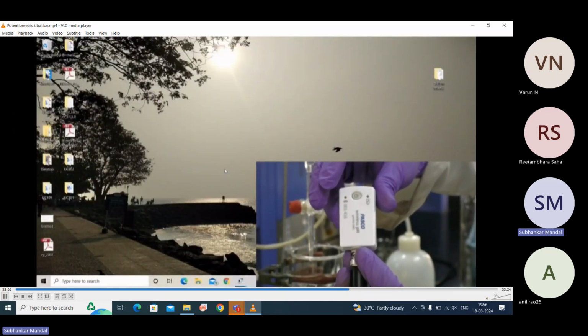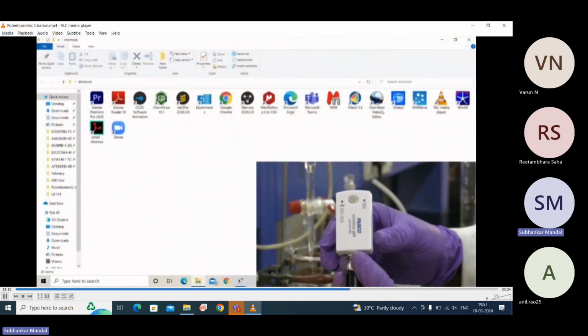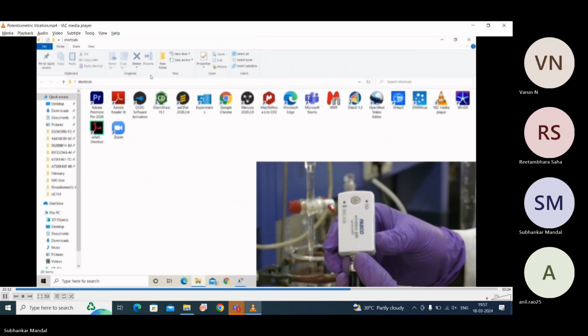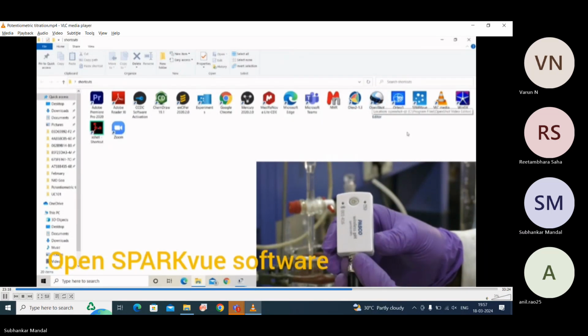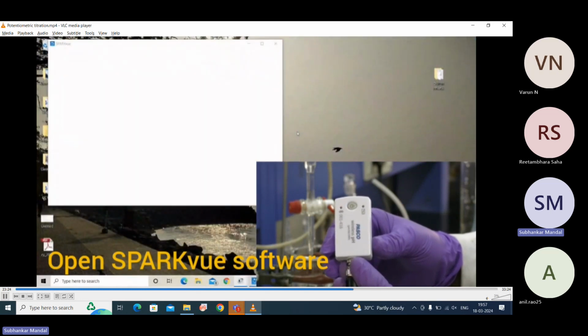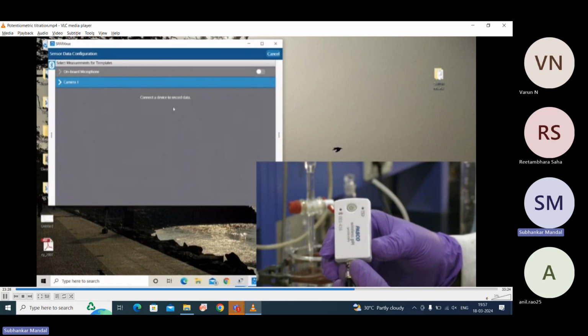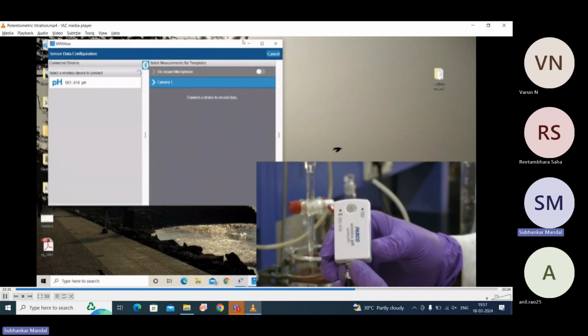Okay, so this is the interface of the PC. Open the SparkView software, which is the software for this electrode. If you open it, this kind of interface will come.